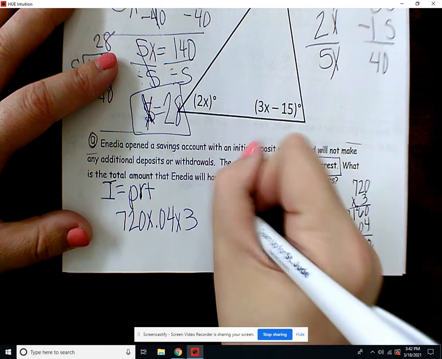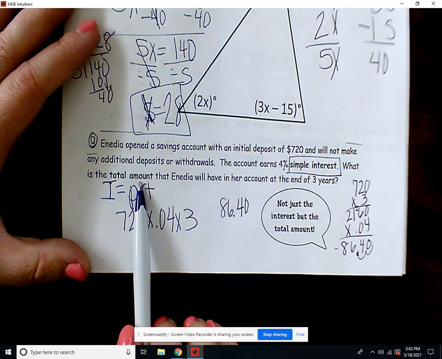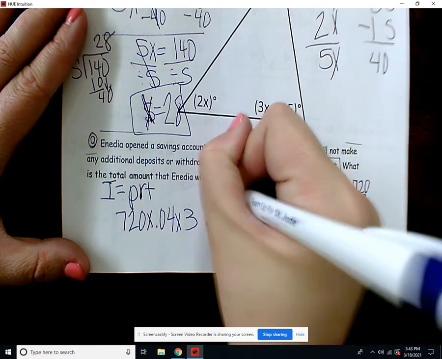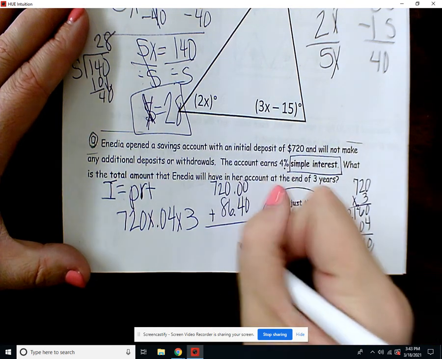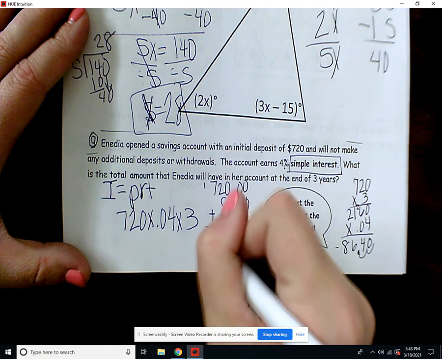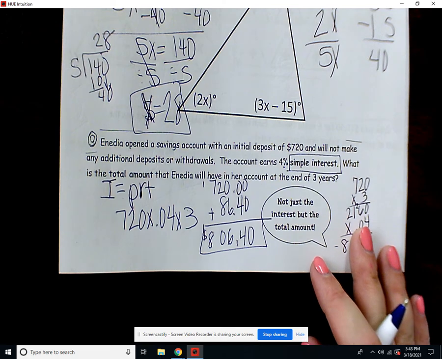Which is 86.40. Okay, but I'm going to go back and read the question because I want to know what the total amount is. So that's what she's going to get, and she's going to get the 720. So we're going to have to add them together to find our total. And we get $806.40.